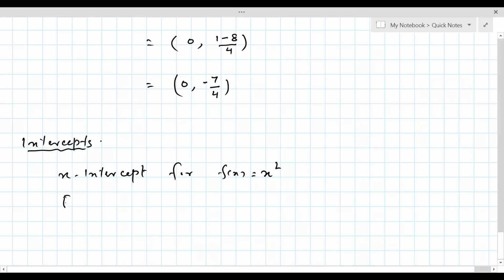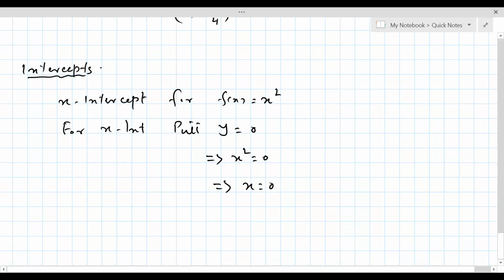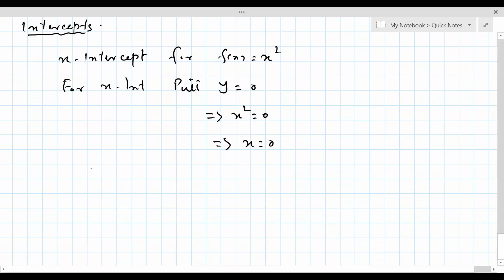For x-intercept put y is equal to 0. This means x square is equal to 0. This means x is equal to 0. So x-intercept is 0, 0.